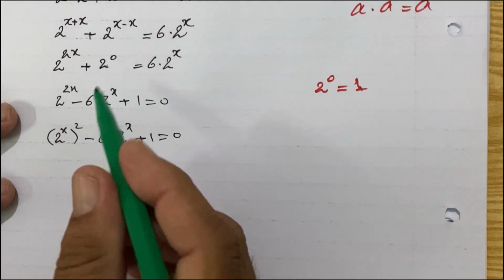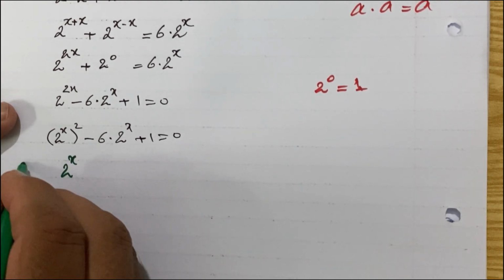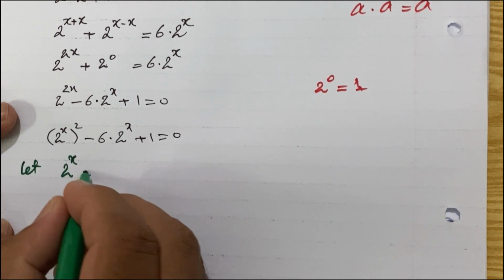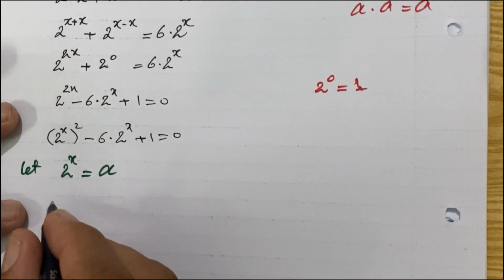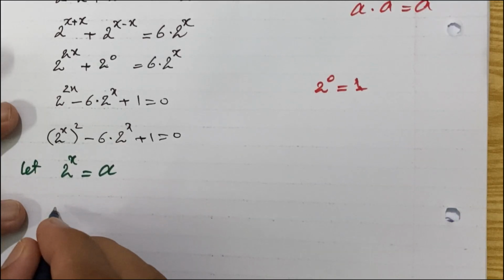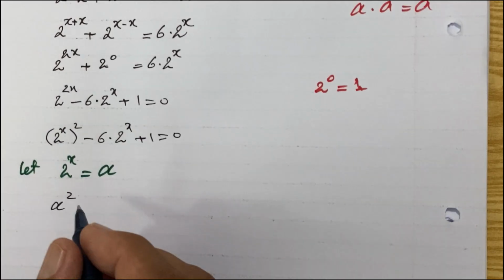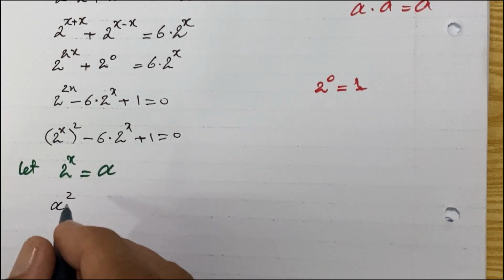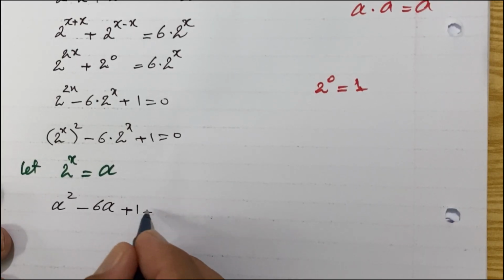Now let 2 raised to the power x is equal to a. Then a square minus 6a plus 1 is equal to 0.